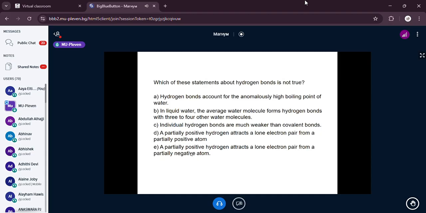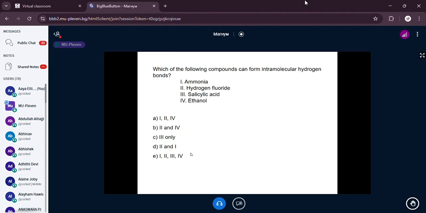No sense. Which compound? Name. Salicylic acid.